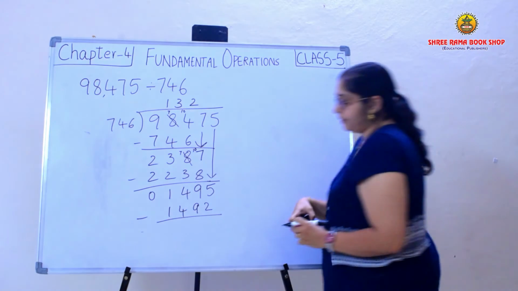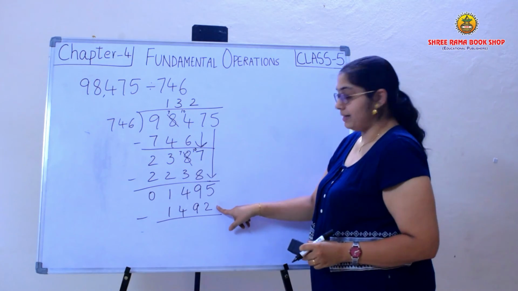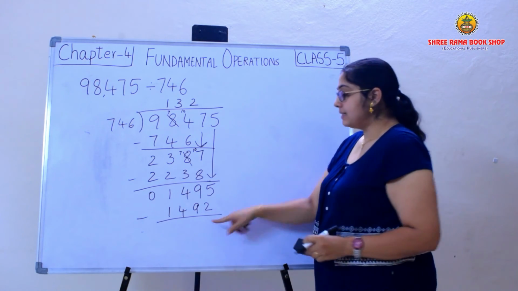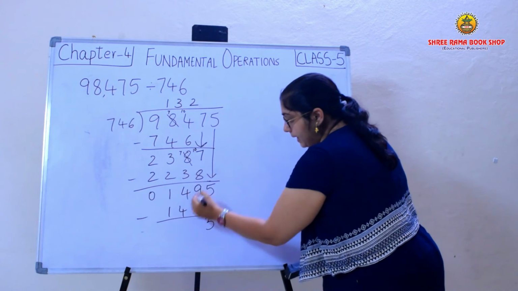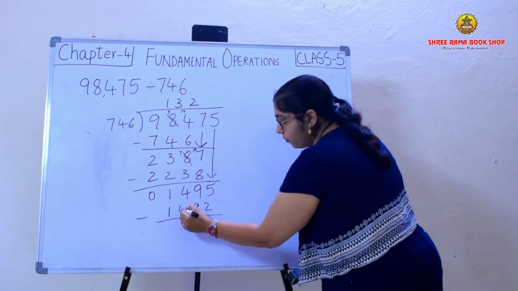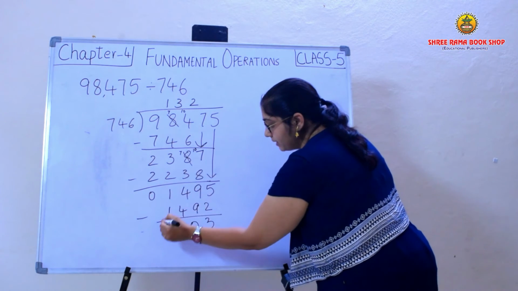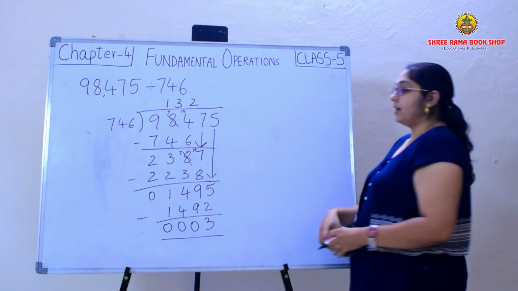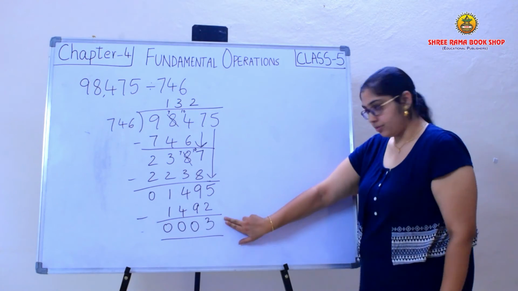Okay, I need to subtract it. Now 5 minus 2 is how much? It is 3. 9 minus 9 is 0, 4 minus 4 is 0, 1 minus 1 is 0. So for this I have remainder 3.